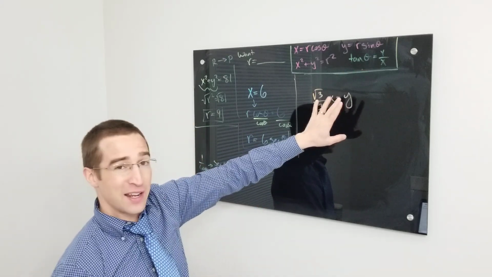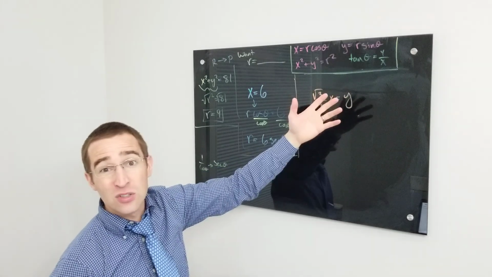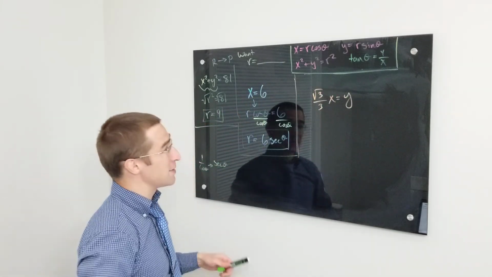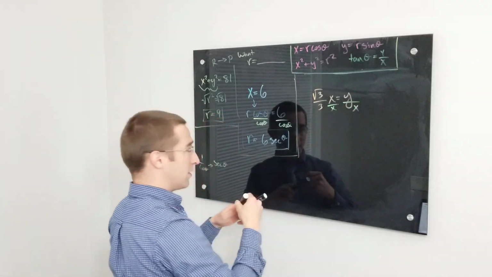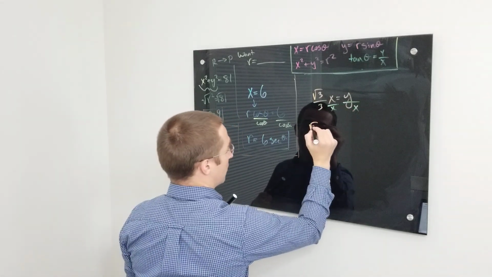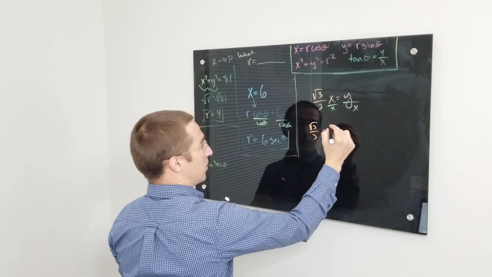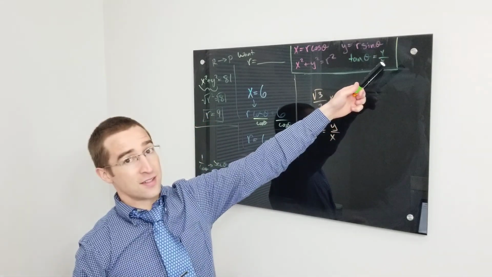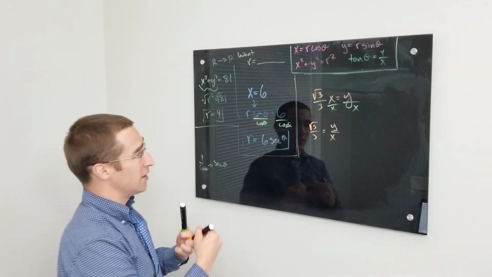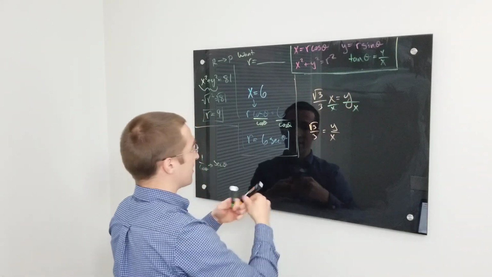So here I've got y and x on opposite sides of the equal sign. So what I can do is just divide both sides by x. So root 3 over 3 equals y over x. And I know y over x is equal to tangent of theta, so I can replace this.